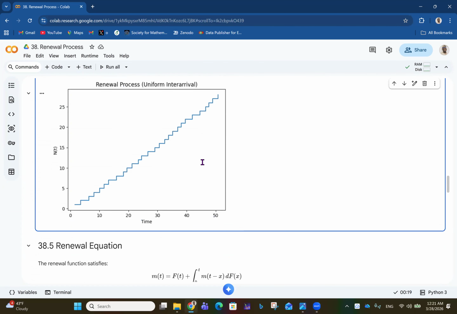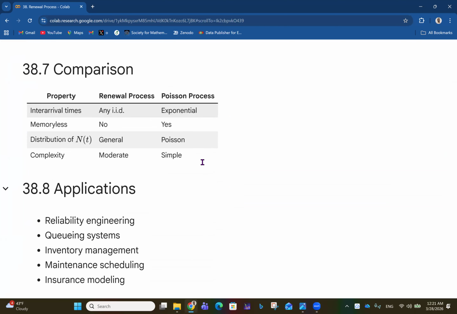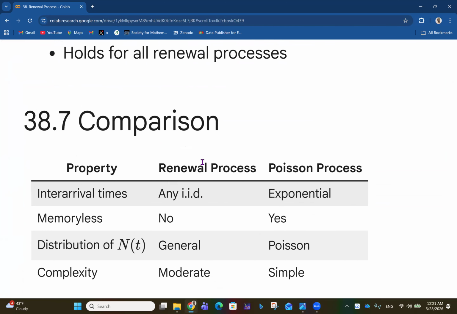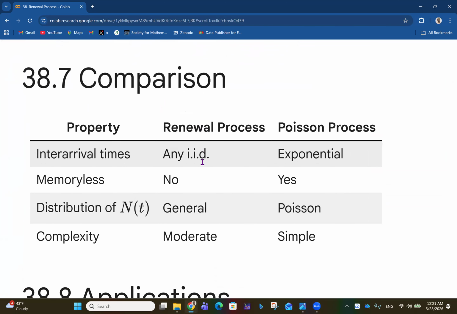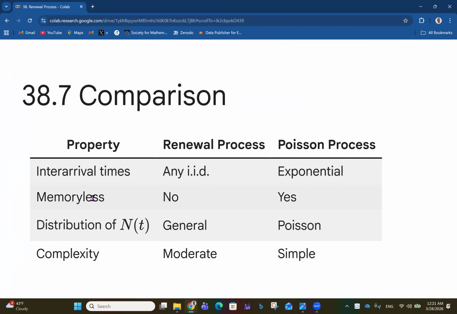Then for the Poisson process, they are exponential. Then for memorylessness, for a renewal process there's no memorylessness, but for Poisson there's memorylessness. That's why we say it is the only renewal process that is memoryless.